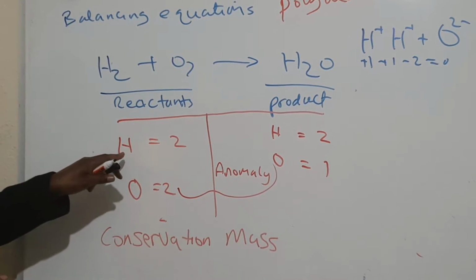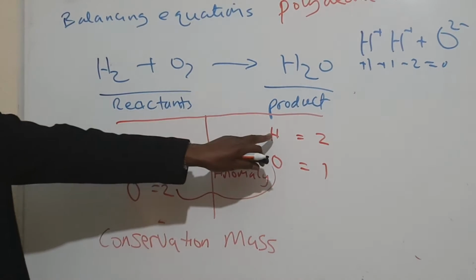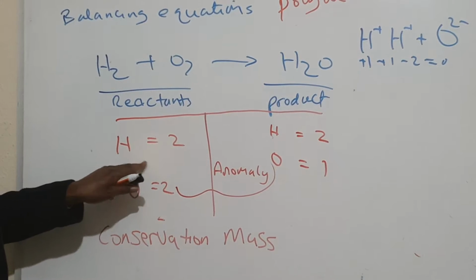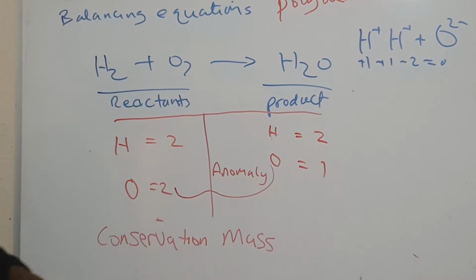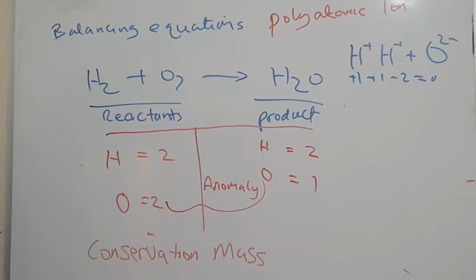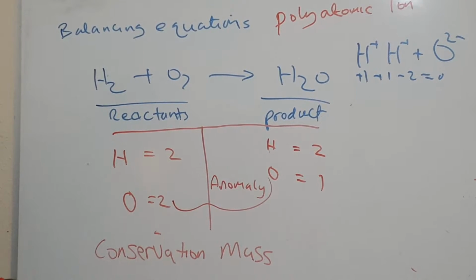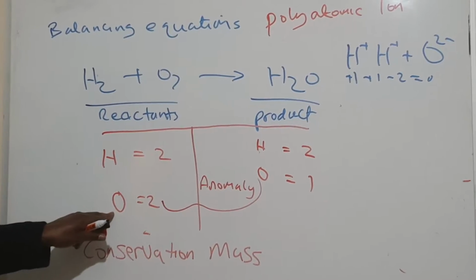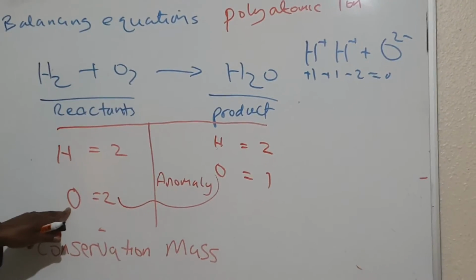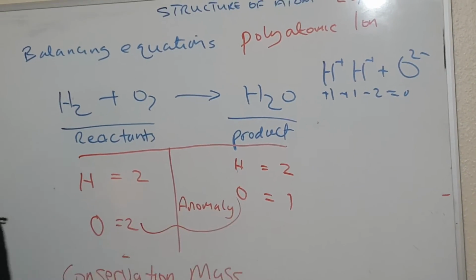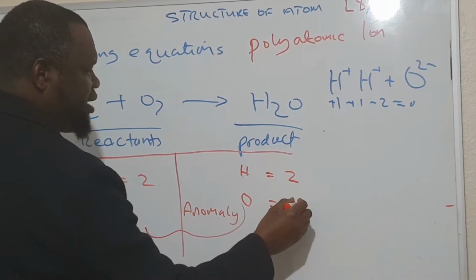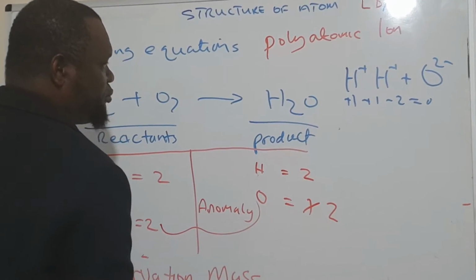Now, obviously, our hydrogen in the reactant and hydrogen in the product are equal. You understand? Okay. But what about oxygen? Oxygen is 2 for the reactant and 1 for the product.